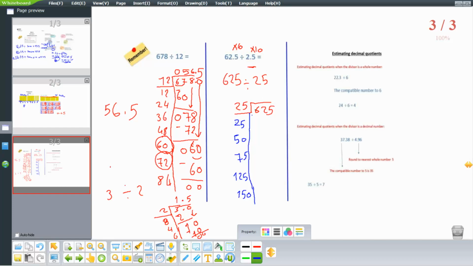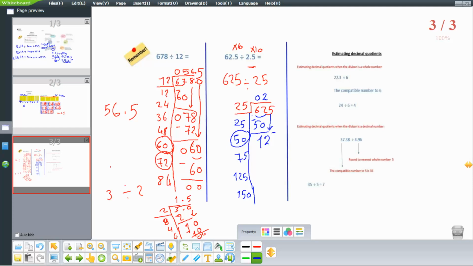Okay. 6 divided by 25 doesn't go because it's smaller than 25. So we are going to take another digit. It will be 62. Do we have here 62 or a number smaller than 62? We have a smaller number than 62, which is 50. So we are going to put 2, and the answer is 50. 2 minus 0 is 2. 6 minus 5 is 1.